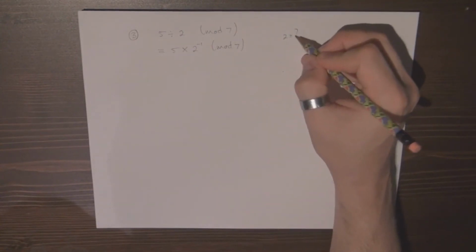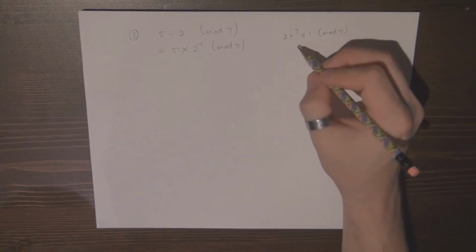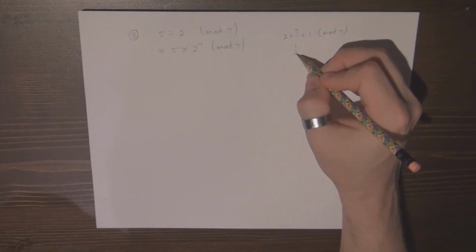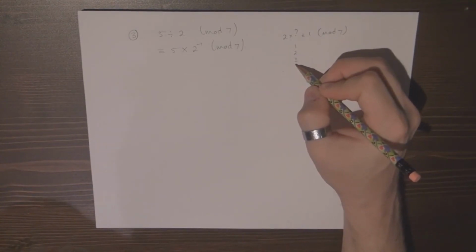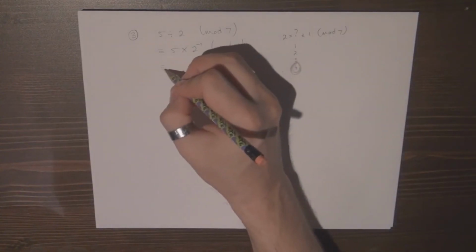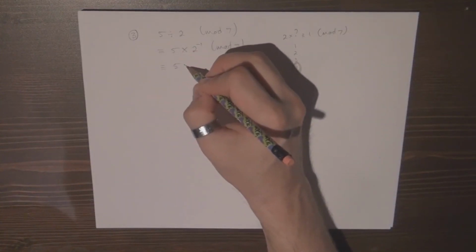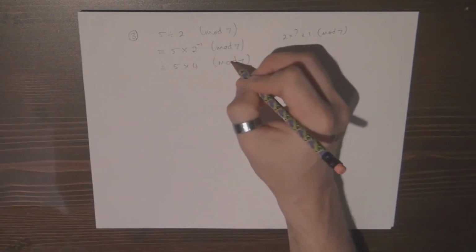So I'm looking for 2 times what is 1 mod 7. It's not 2 times 1. 2 times 2 is 4. 2 times 3 is 6, so that's not it. 2 times 4 is 8, which is 1 mod 7. So the multiplicative inverse of 2 is 4 mod 7.